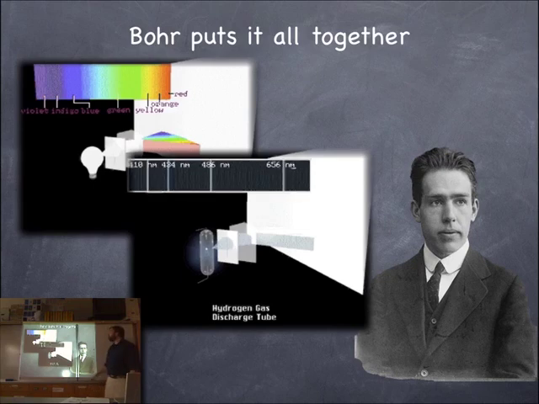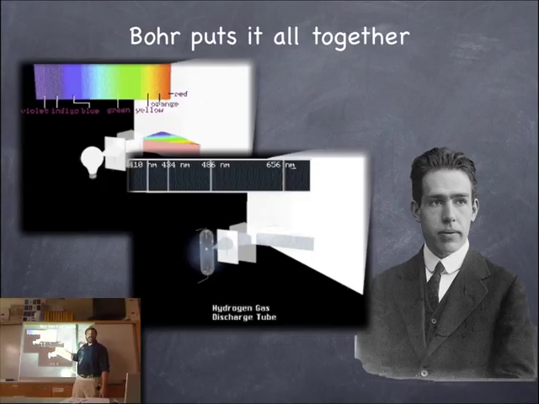And so Bohr came up with a mathematical formula that you could use to relate these lines together. But he didn't understand why that was true. So we had this mathematics that could describe these particular lines.